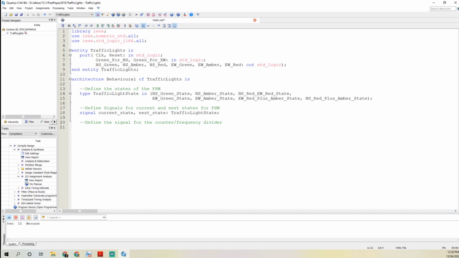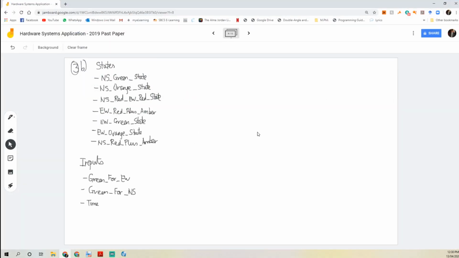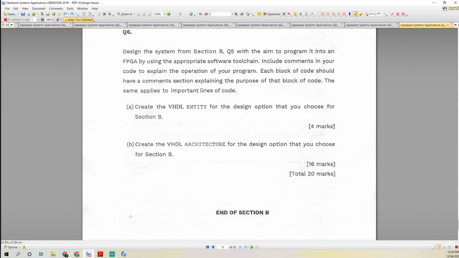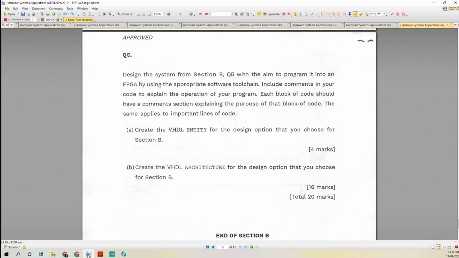All right, and we know that we need that counter to determine what the time that has passed so far. So let's take a look at what this counter is going to look like, right? We know that we are operating with a 50 kilohertz clock. That's what the situation said above.